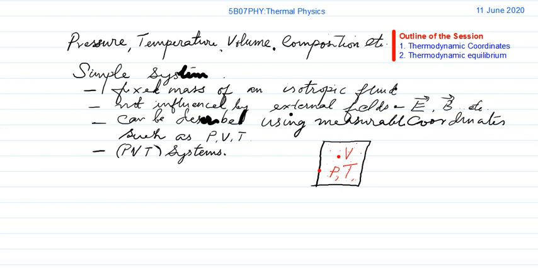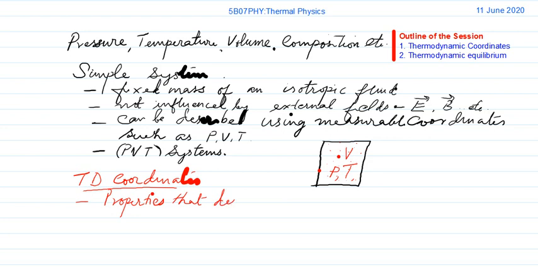Now coming to thermodynamic coordinates, these are the properties or quantities that describe the macroscopic state, meaning the thermodynamic state, of a system.